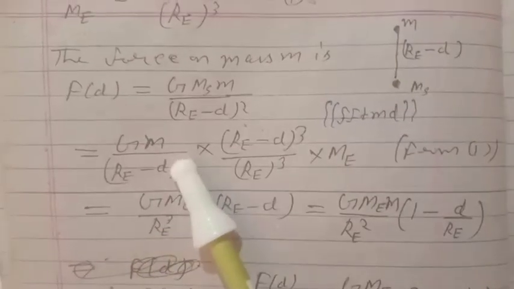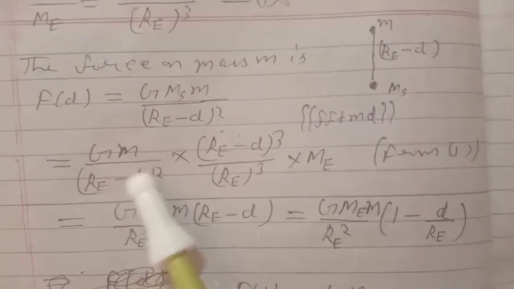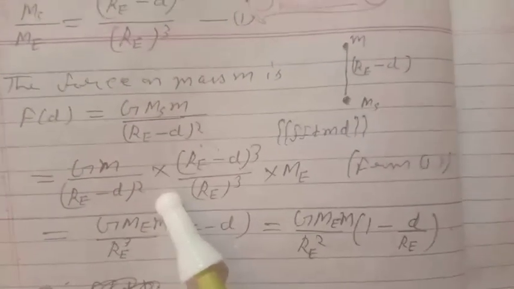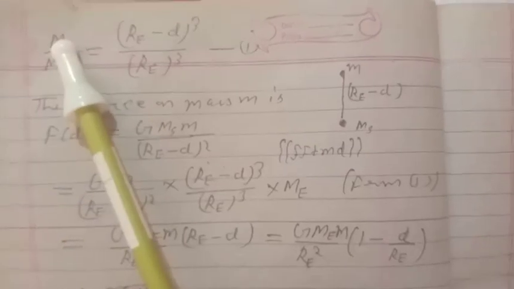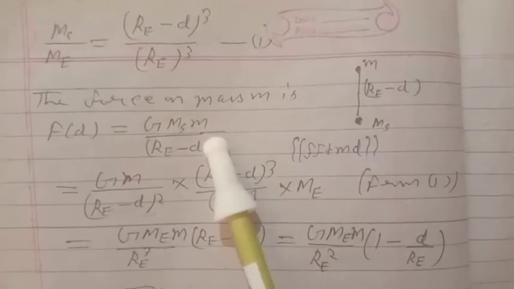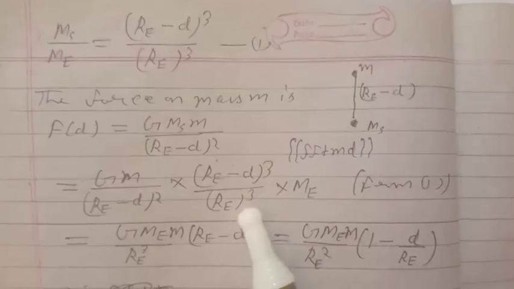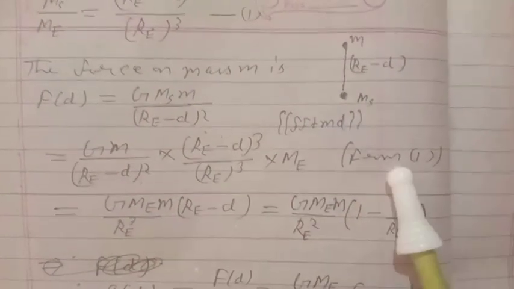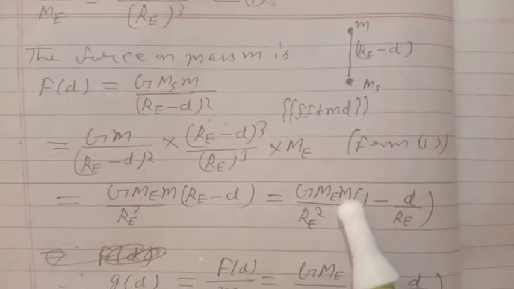Putting in the value of Ms from this formula, Ms equals (Re minus d) whole cube divided by Re cube into Me, from 1, we get G Me m by Re cube into (Re minus d), or G Me m by Re square into (1 minus d by Re).